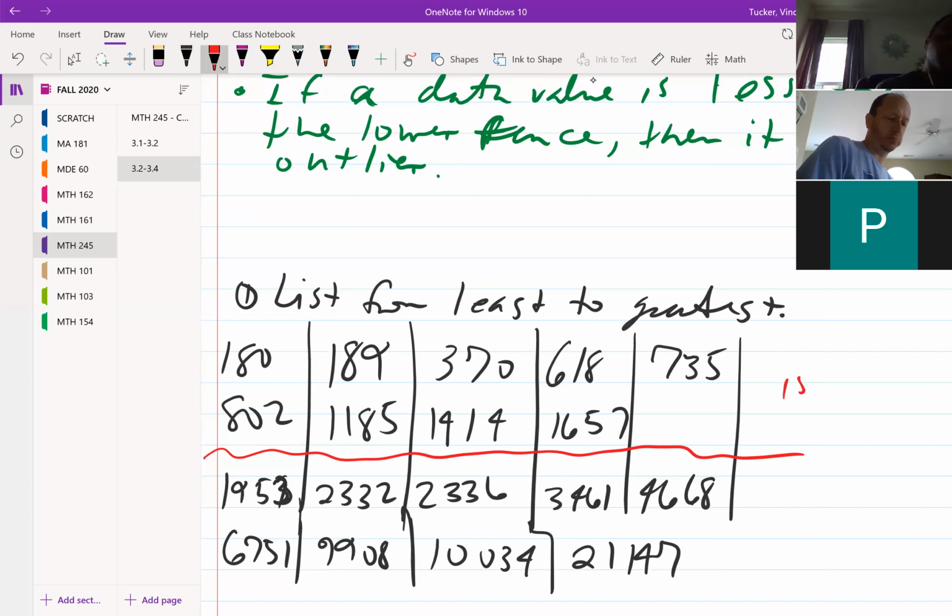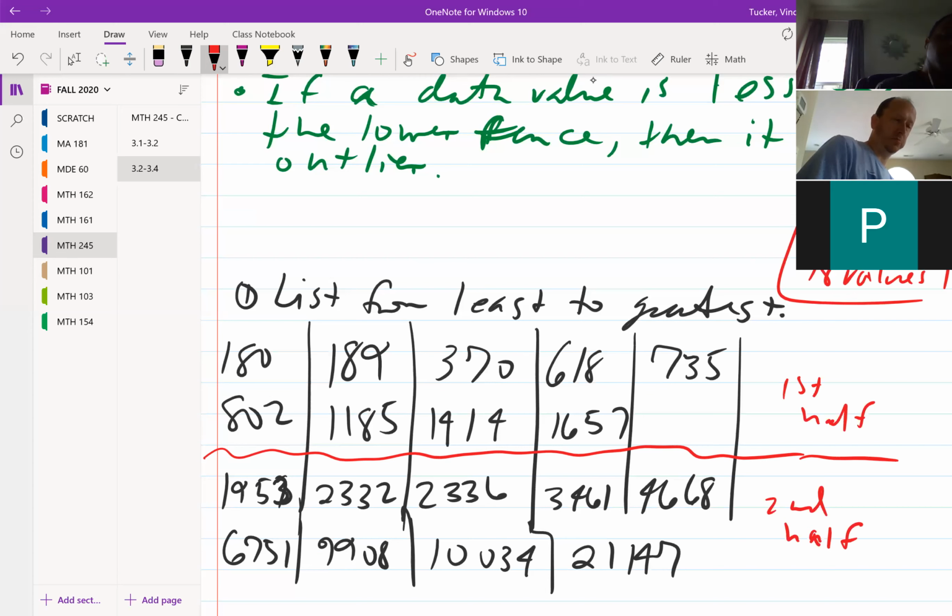So it's my first half of data, second half of data, 18 data values altogether. So that means there are 9 values up top, 9 values down bottom.